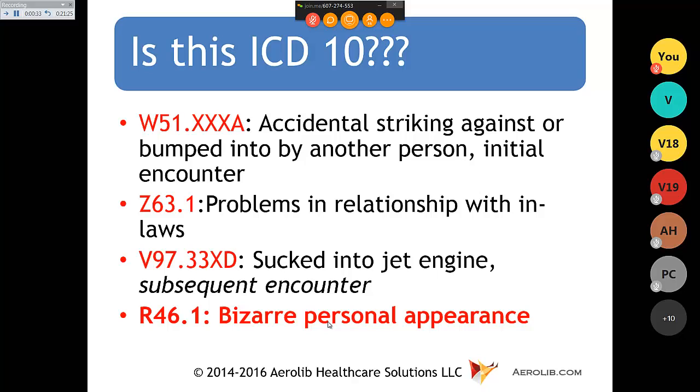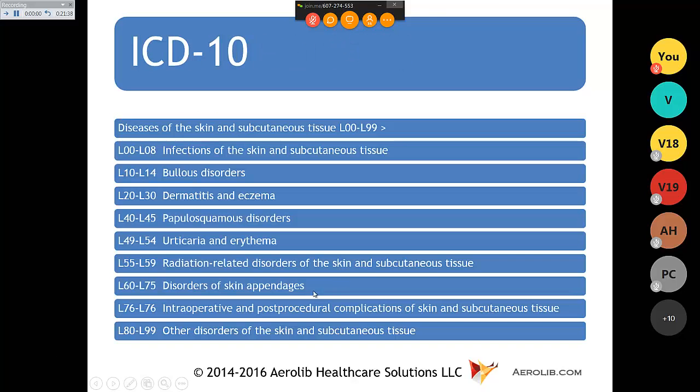And my favorite is R46.1, which is a bizarre personal appearance. So ICD-10 does spread things out in terms of number of codes. This is some of the funnier ones. But for cellulitis, they are very logical in what they would want.